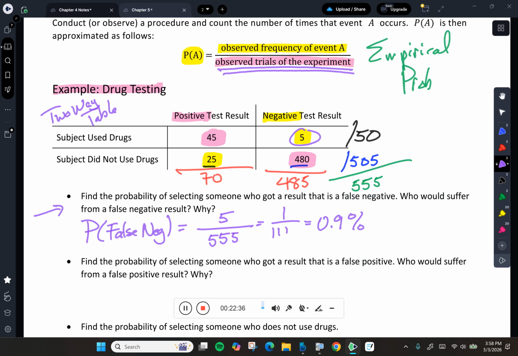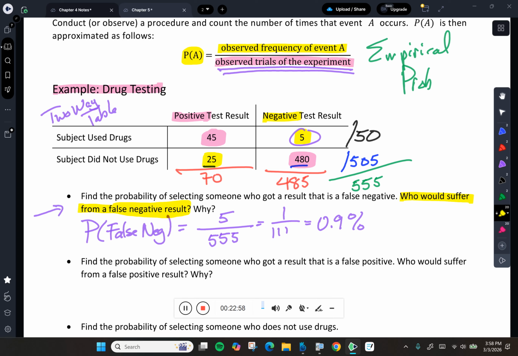So how often does that happen? Looks like it's less than 1%. Hey, who would suffer from a false negative? I don't know. Why are we testing these people for drugs? Are these people going to be operating heavy machinery?